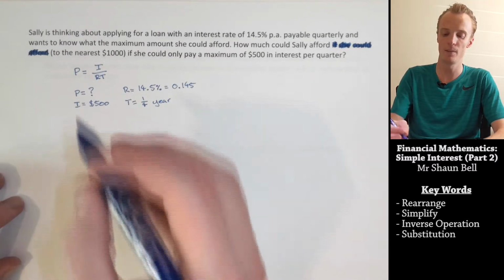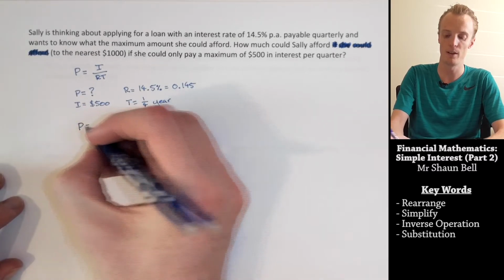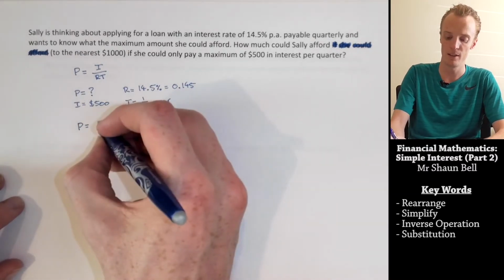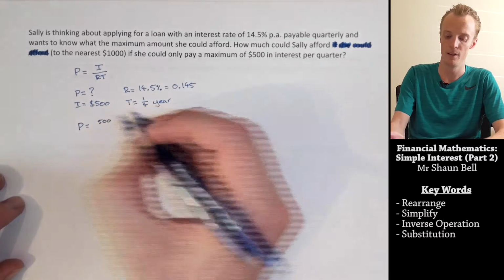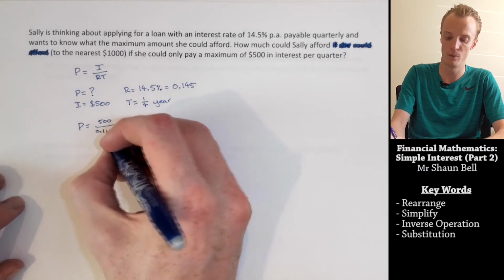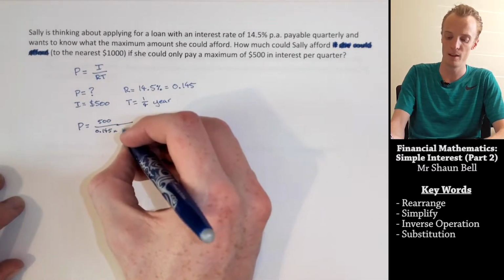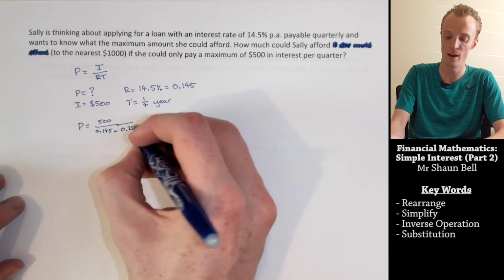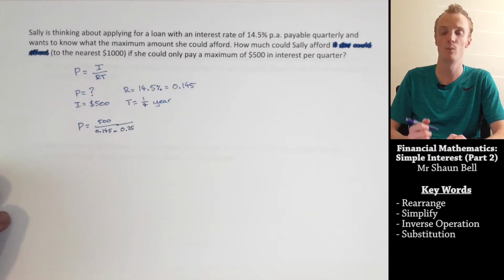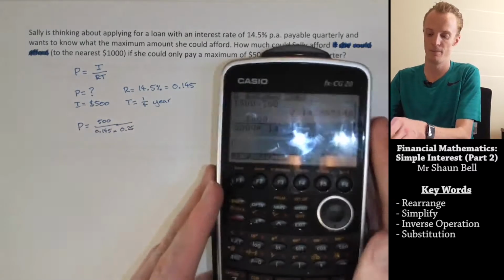So next, we substitute our values back into the formula. We don't know our P, so we leave that. The I is going to be 500. The R is going to be 0.145. And the T is going to be 0.25 as a decimal, which is equal to 1/4. So to answer this, let's get our calculator out.